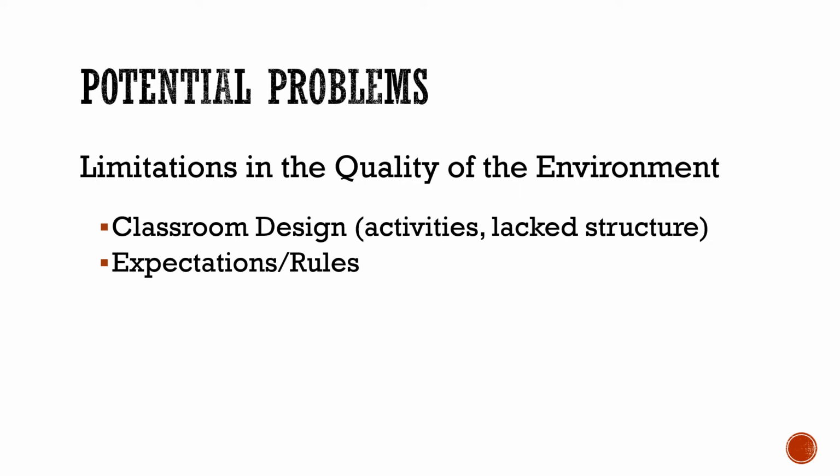It appeared as though the expectations for the classroom were not very well thought out, nor were they implemented. And so rules, screaming, quiet voices, and all of these kinds of things were not reviewed. Again, I'm making some assumptions here, but the expectations and the rules did not appear to be consistently followed through or implemented.